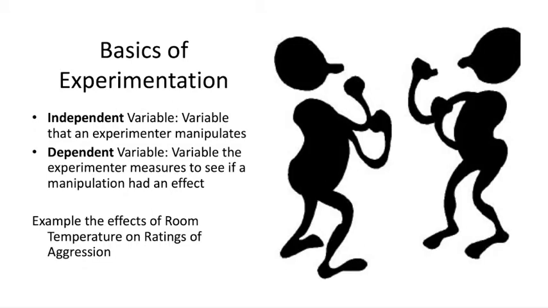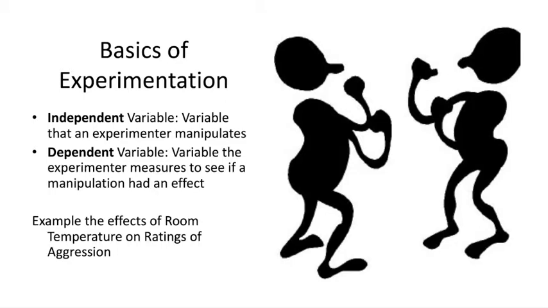Let me tell you what those are. An independent variable is the variable that we manipulate in our study, and the dependent variable is the thing that we're expecting to change based on the manipulation we did in the independent variable. If that is confusing, let me give you a real example.